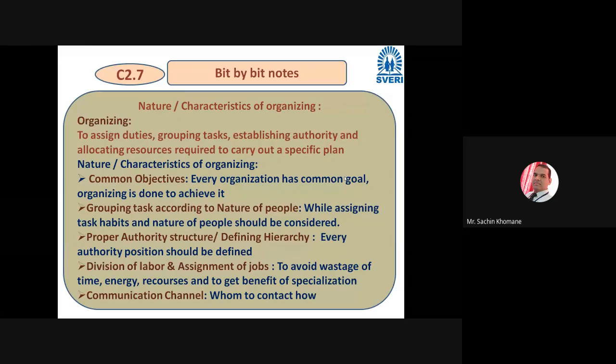Even though this is very common sense, still in industry division of labor is having more weightage. So the benefit of specialization you will get if you divide the labor in a proper way and assign the proper job. This is one of the characteristics in organizing.